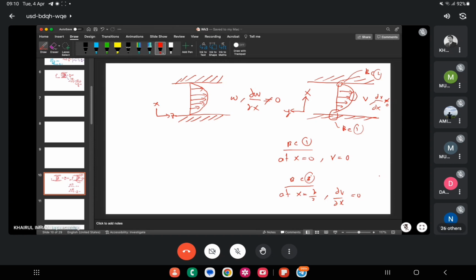Cuma ni tak defect sangat sebab X kosong, V kosong. Del V over del X pun kosong. So bila masukkan equation kat situ mungkin tak defect lah. Tapi you kena tahu V direction tu sebenarnya now negative V. So let's say if you have V value, you can masukkan negative value into the equation. Apa lagi?